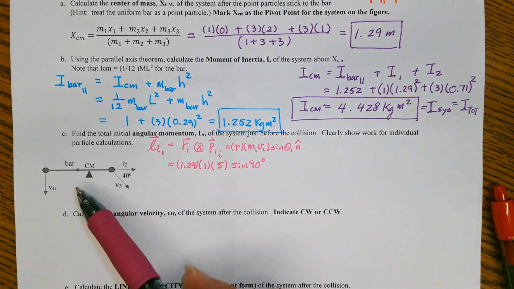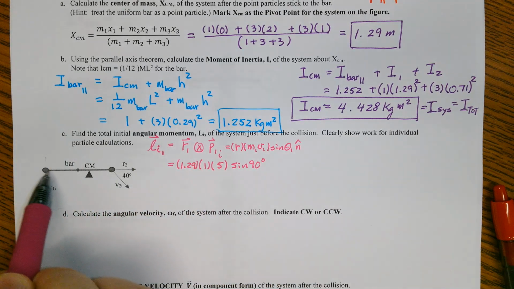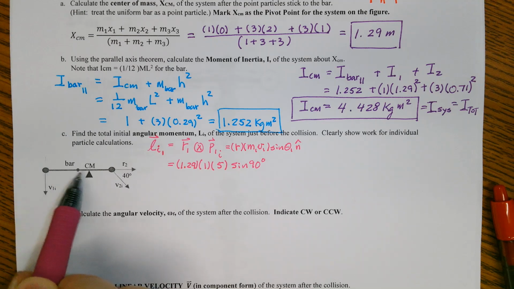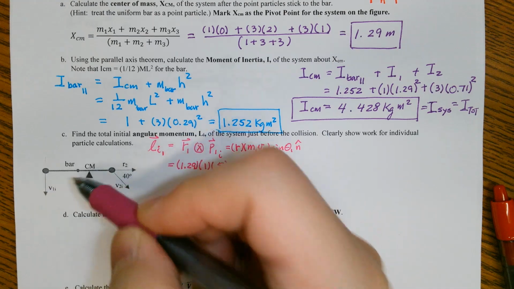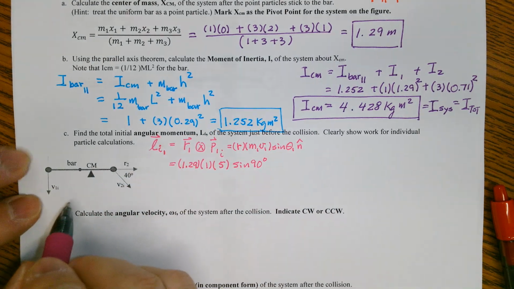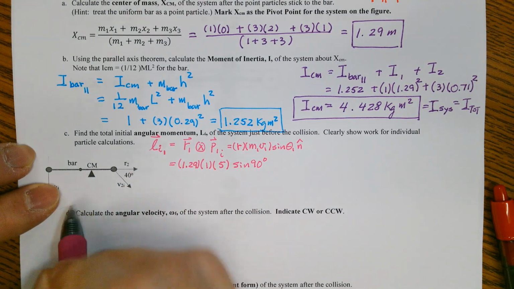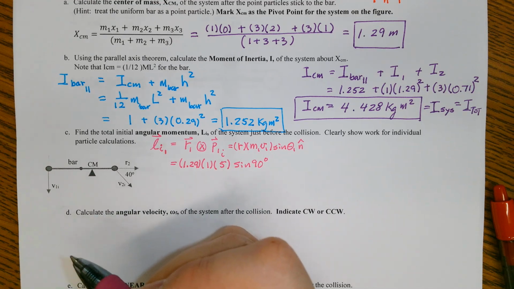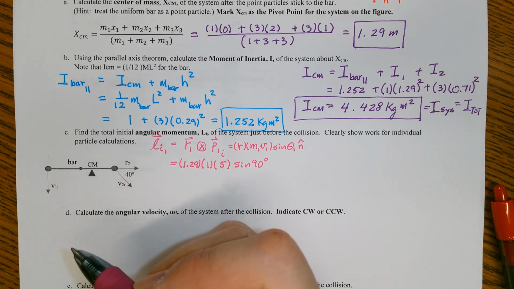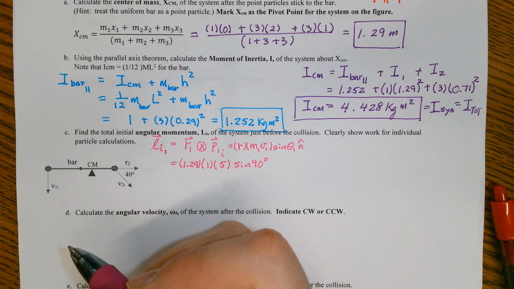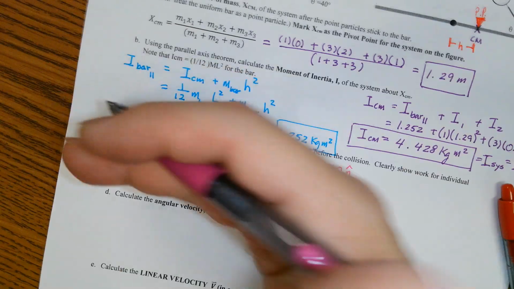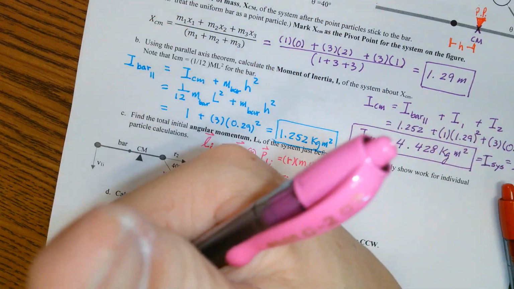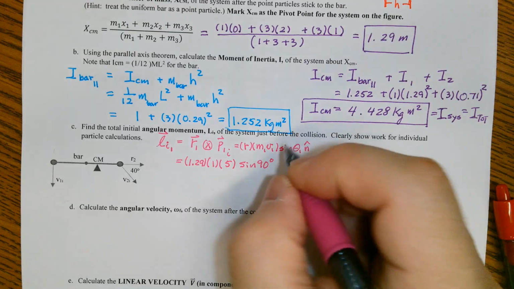If you look at the direction, here's my R and here's my P. If I were to redraw it, my R like this and my P like this. So what is R cross P? It looks like it's positive. R cross P is positive, so it's positive Z hat.